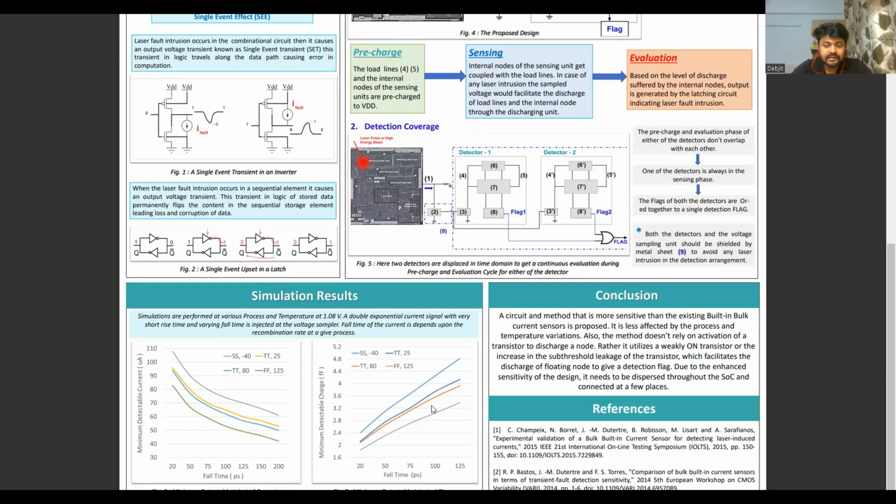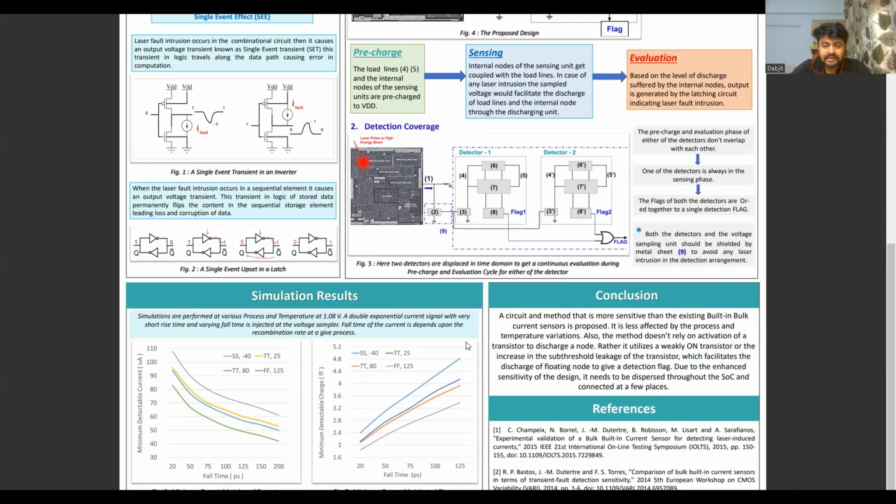Similarly, in the second graph, we can see that with the increase in fall time, the critical charge to trigger an alarm decreases. In this poster, we described a method to detect single event effects. A circuit and a method that is more sensitive than the existing BBIC architecture is proposed.